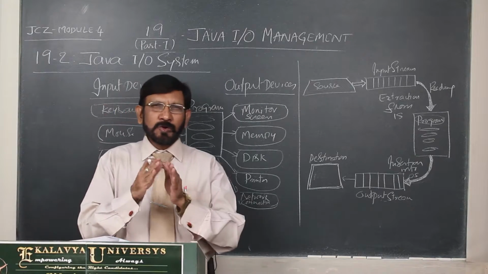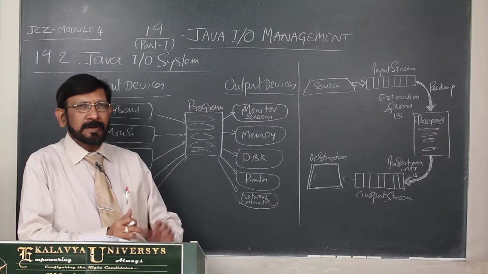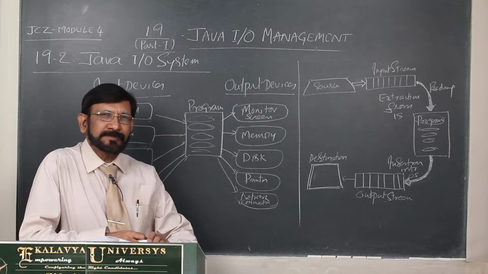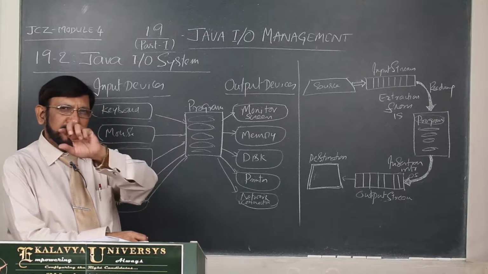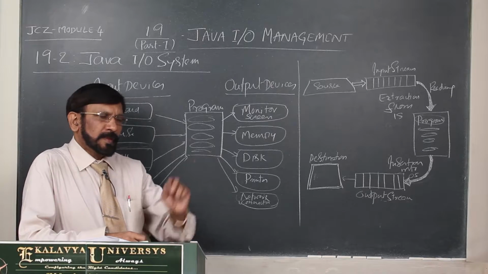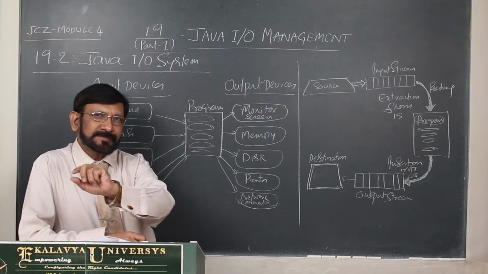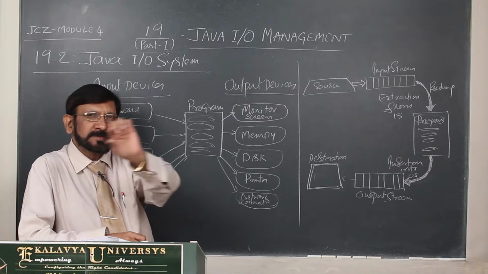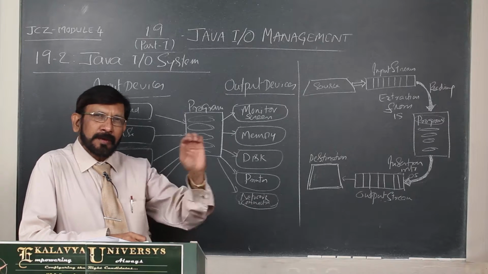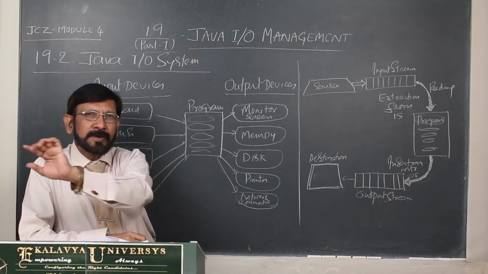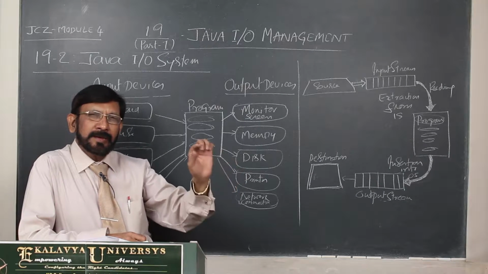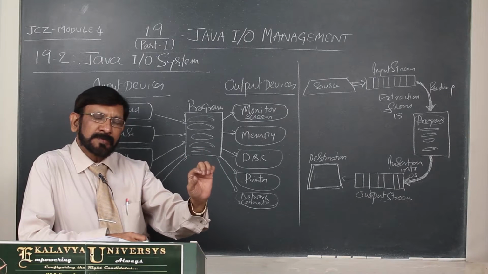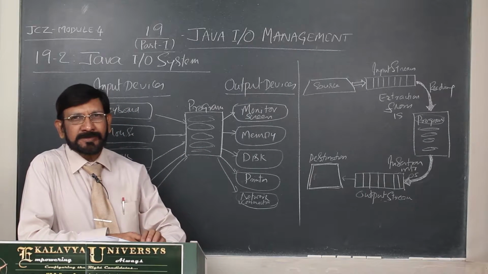Actually, most of these classes represent input operations as well as the corresponding output operations. Simply, you can identify them by their names. For example, file input stream classes and the corresponding file output stream classes, buffered input stream classes, buffered output stream classes, data input stream classes, data output stream classes, object input stream classes, and object output stream classes.